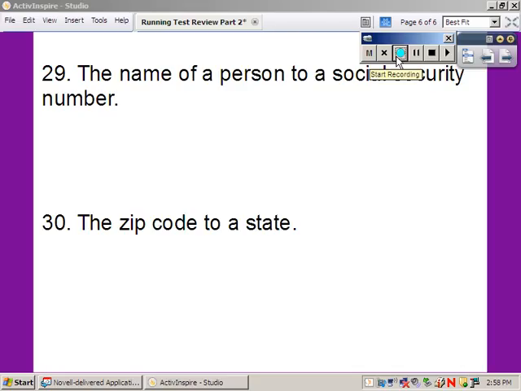Okay, these are maybe my favorite kind of problems that we've done so far when we dealt with functions, determining whether a situation is a function relationship. So, in this case, it's asking you, if you type in the name of a person, will you get one social security number? You have to think about this for a minute. If you have a very unique name, like for example, if your name was Christopher Michaelowski, well, that's kind of a unique name, and it's possible that there might only be one person with that social security number.